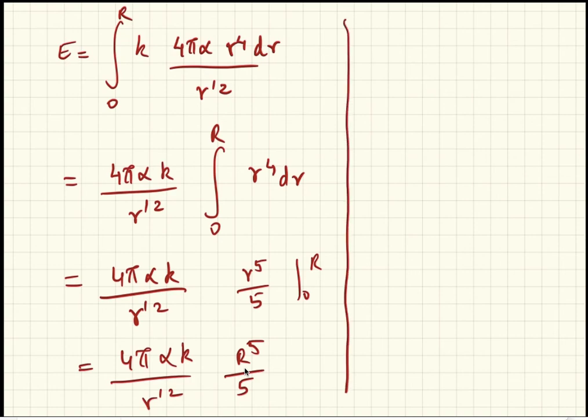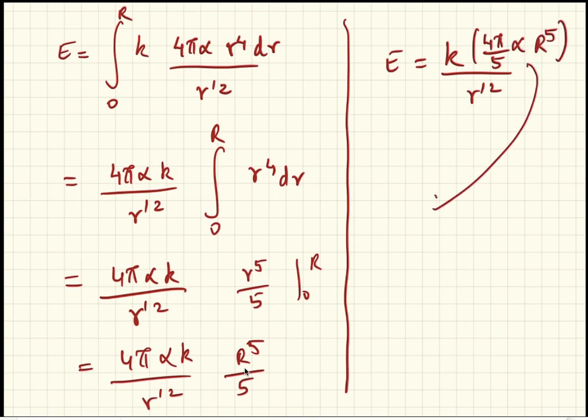Now let me write it in a particular form. So E is k over r prime squared times 4 pi by 5 alpha R to the power 5. And this, you can evaluate, is going to be the total charge of the sphere.